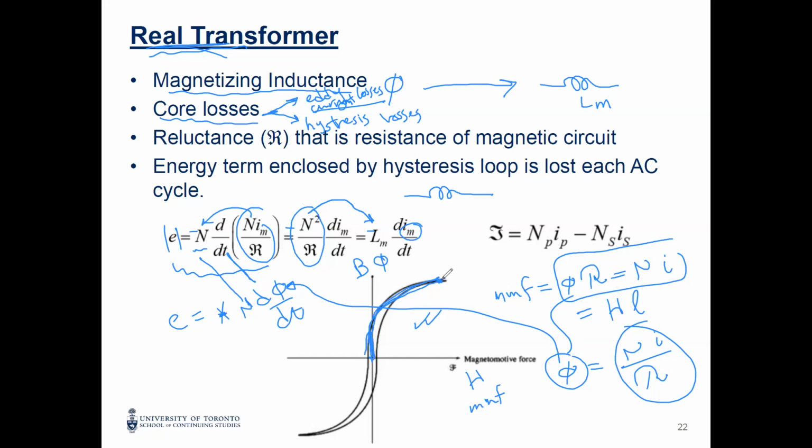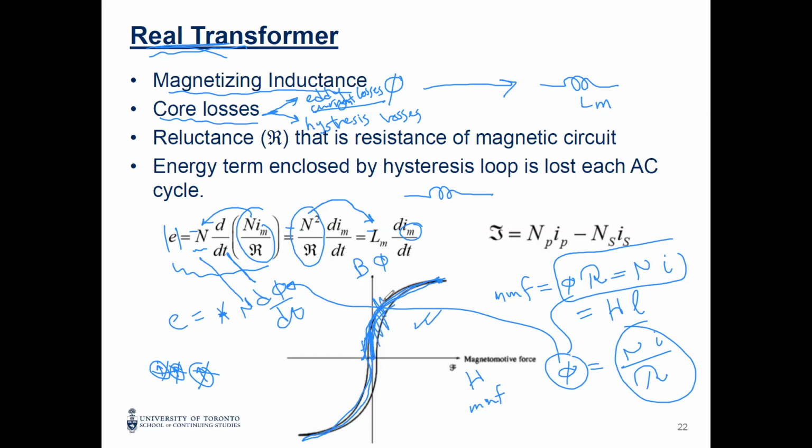You have to push more current in the opposite direction to reach zero. This is because the magnetic domains are already aligned and they have some kind of memory. You have to use more energy to realign them, or to remove this memory and realign them to the other side, and so on.